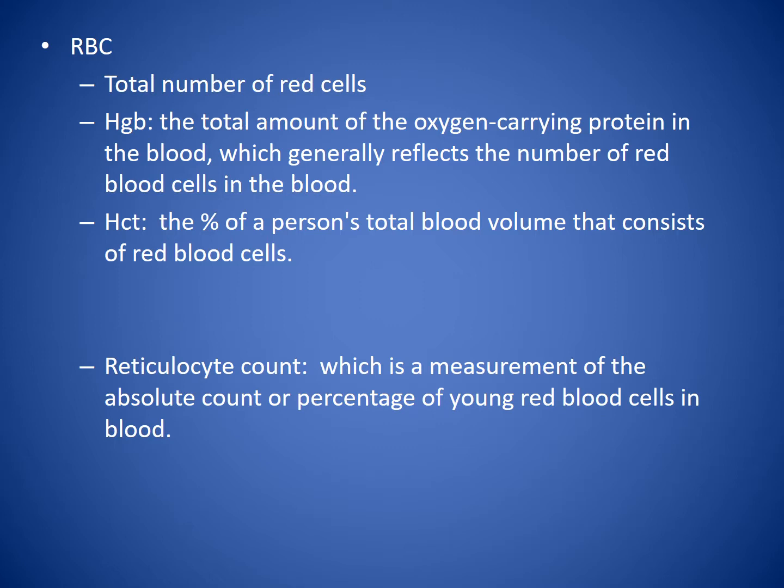Your hemoglobin is the oxygen carrying capability or protein of your blood. The hematocrit is actually the volume of blood that a person has and the red cells of it. And the retic count is actually the percentage of young red cells that have been released into the blood from the bone marrow. And we don't want to see a lot of those because that means that something is occurring within that bone marrow that is abnormal.